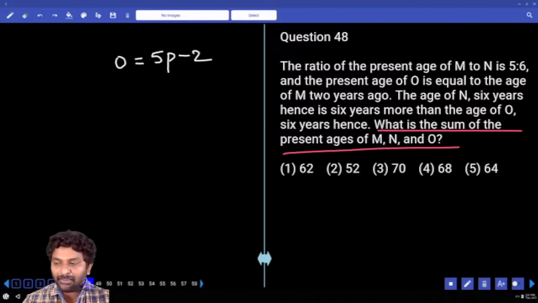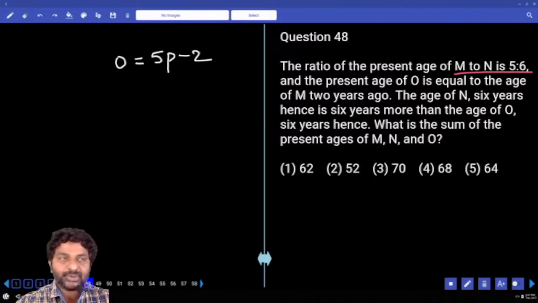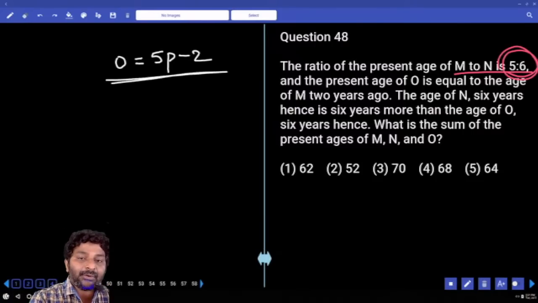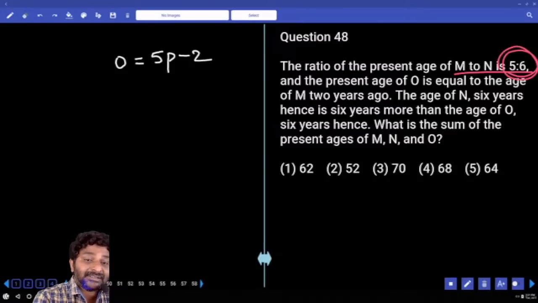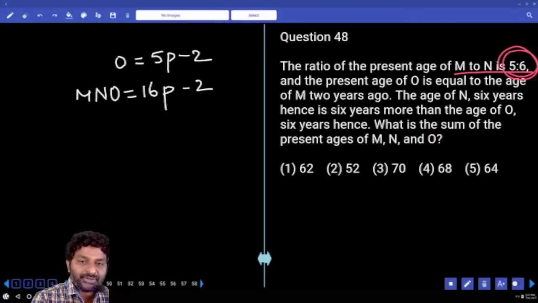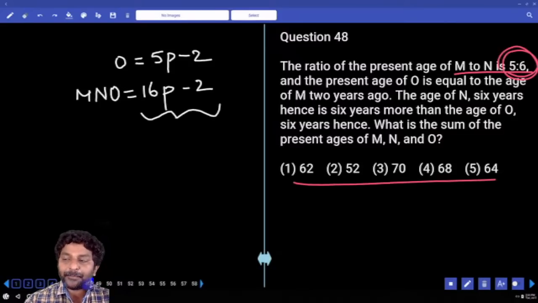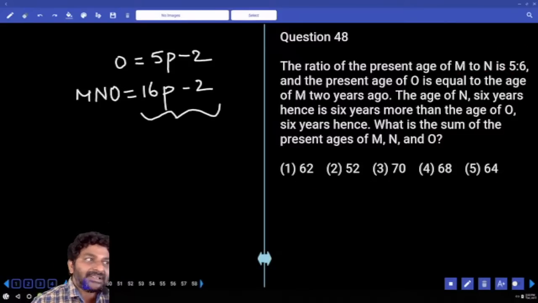Okay. Now come to the ratio point. M is to n ratio, how many parts? 11 parts. When you include O, tell me, it is 16 parts minus 2. This is what you need to find out, right? Now, in your option, your number is in the form of 16 parts minus 2.